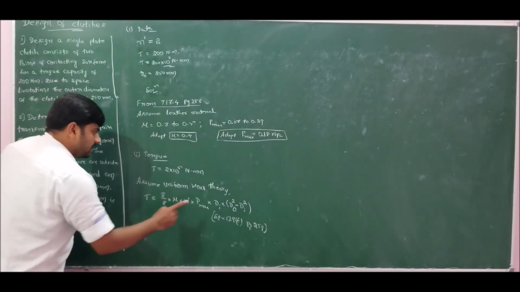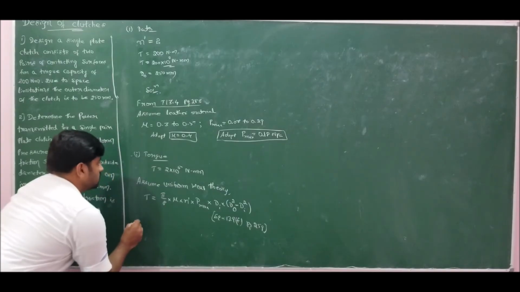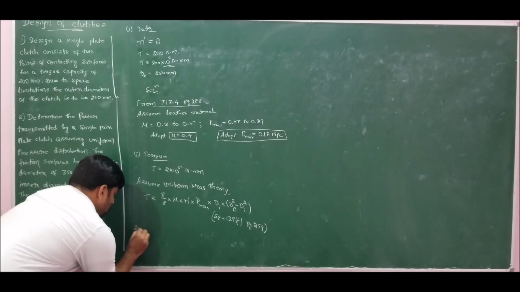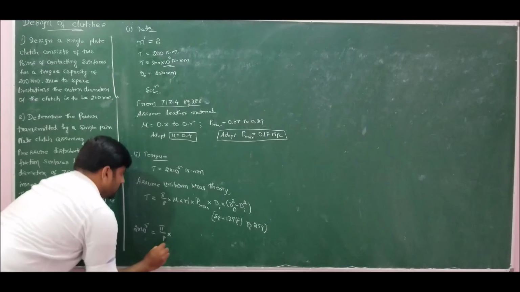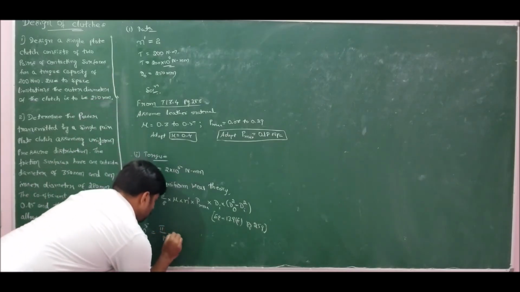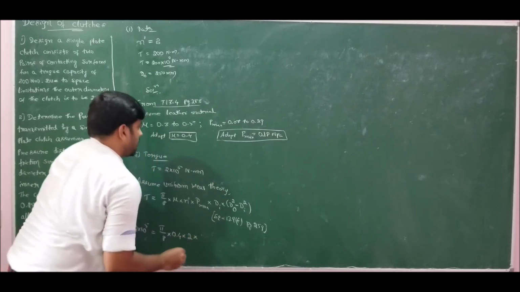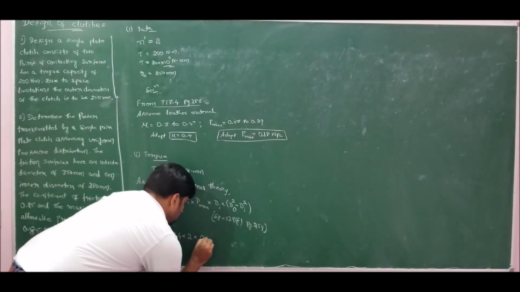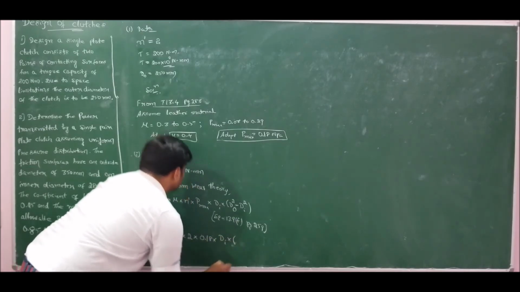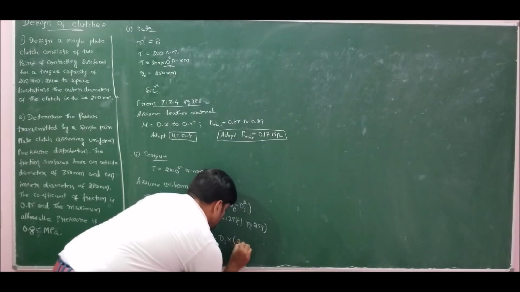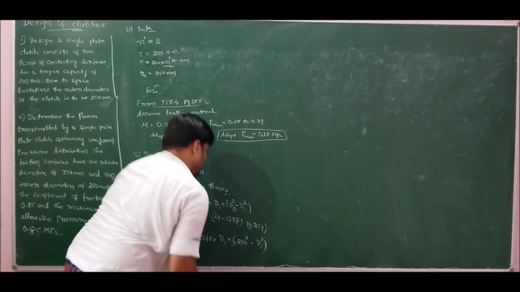If I substitute and solve, I will get the value for inner diameter. Torque is known, 2 into 10 to the power of 5, equal to pi by 8 times mu, which is 0.4. We have two active surfaces. Maximum pressure is 0.18. I don't know d inner. d naught is given as 250, squared, minus d inner square.